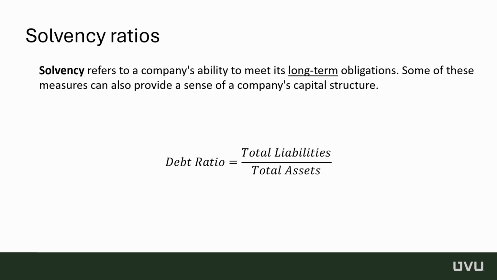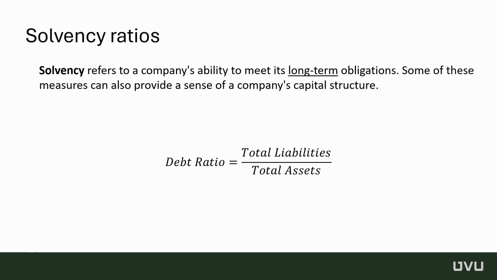There are a variety of solvency ratios out there, but the one we're going to focus on today is just the debt ratio. Remember, solvency is about a company's ability to meet long-term obligations. The debt ratio also gives us something useful, a window into the company's capital structure. Capital structure just refers to the extent to which a company's assets are financed with debt versus equity.